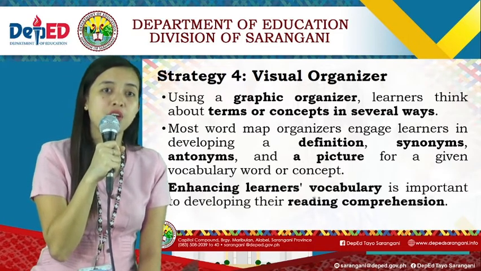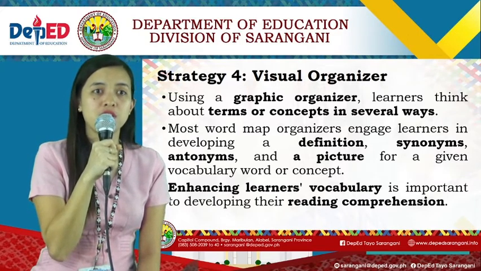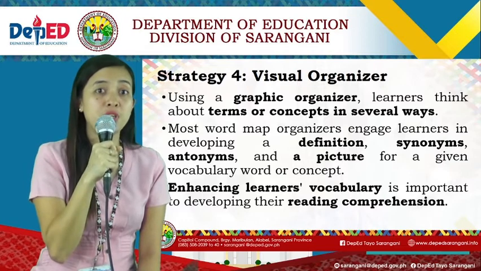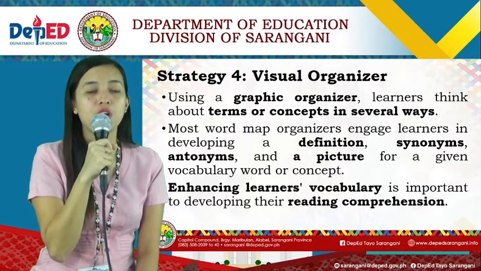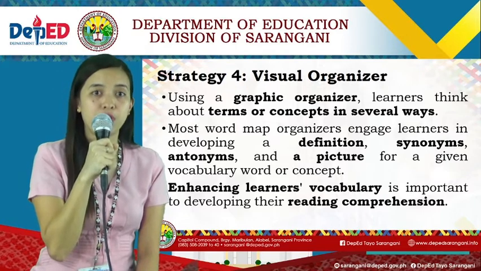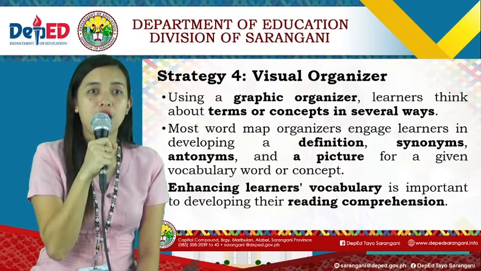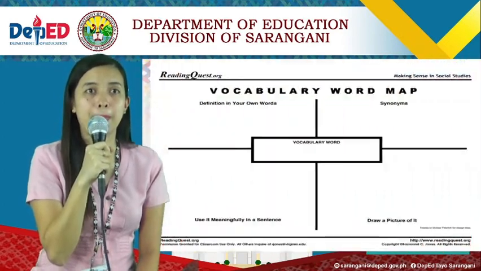Enhancing learners' vocabulary is very important because it also develops their reading comprehension. So let us introduce our kids to different words so that they will be able to develop a great vocabulary, which is very helpful in understanding what they are reading.